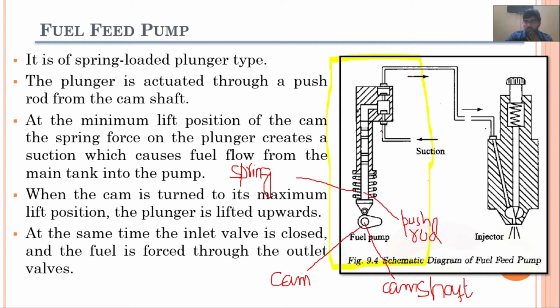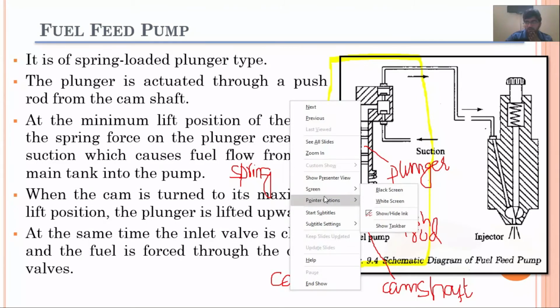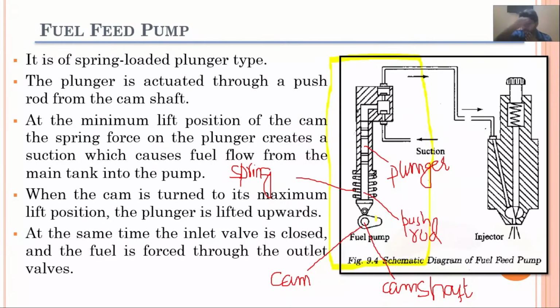And this is where your plunger is. The plunger is reciprocating inside this barrel, and these four components, cam, camshaft, pushrod and spring, are responsible for the movement of this plunger.